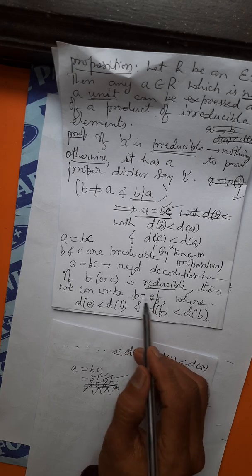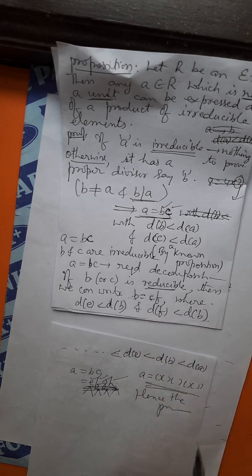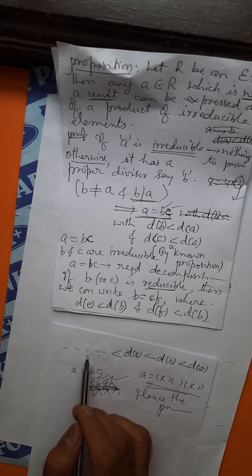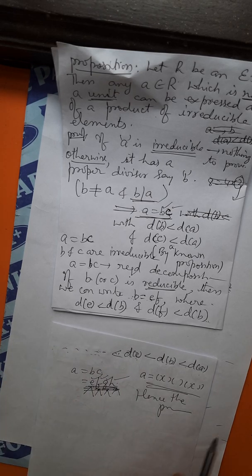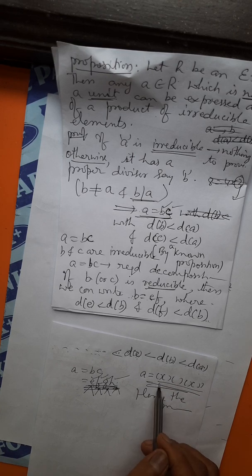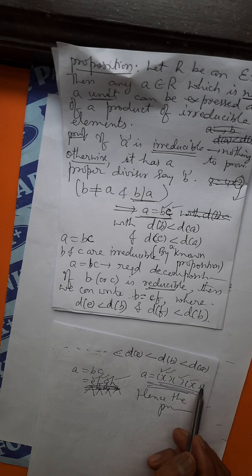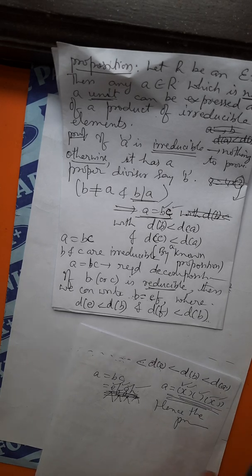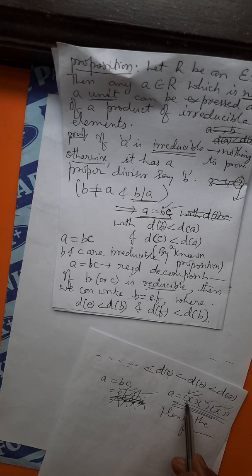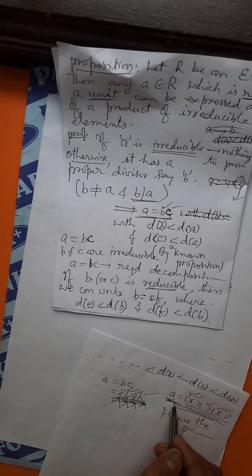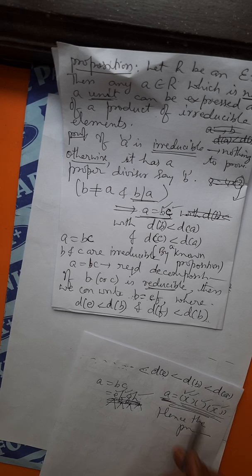E is a factor of B. D value of E less than D value of B. Now another factor, it must be smaller, because if it is properly reducible, a smaller factor comes, a smaller value comes, and again a smaller value goes on. After a certain stage, each factor will be irreducible. Once it becomes small, each factor is going to be irreducible, like 2, 3, 5, 7. Thus, our A will be expressed as a product of irreducible elements.